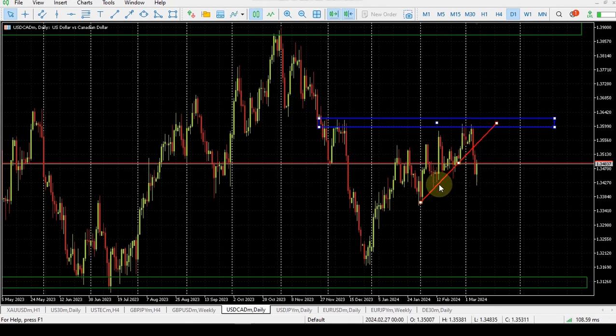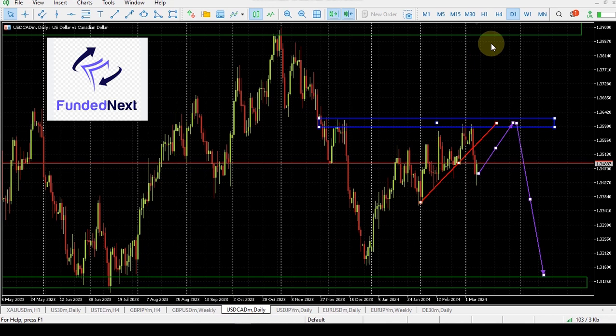This particular trend line has broken. So what are we looking out for? We are looking for this market to come back up here to retest this week and then drop. This is the daily time frame, and this is what I am foreseeing in US Cad on the daily.